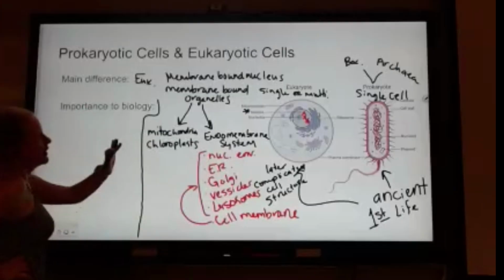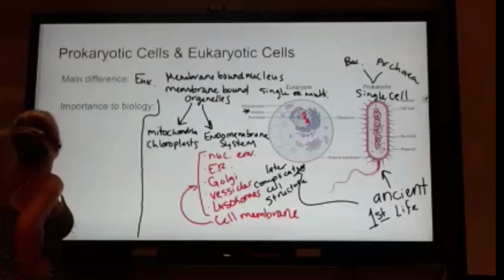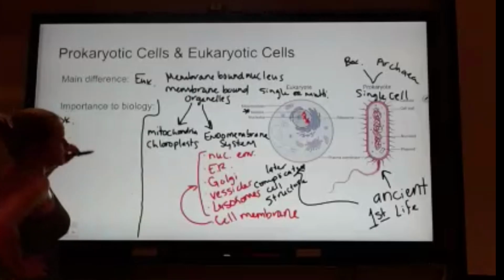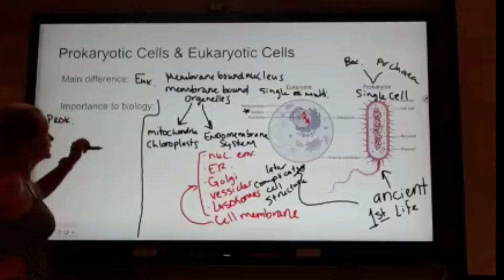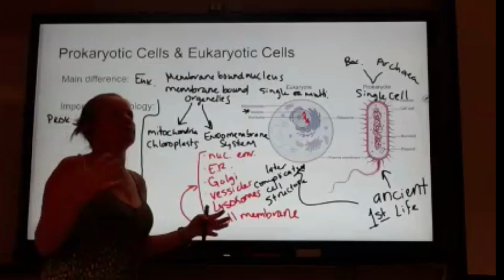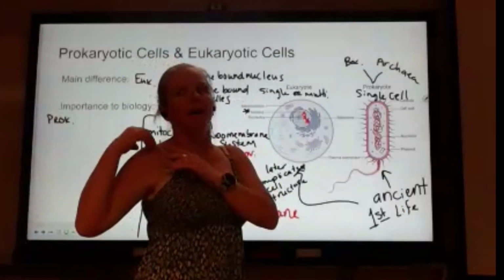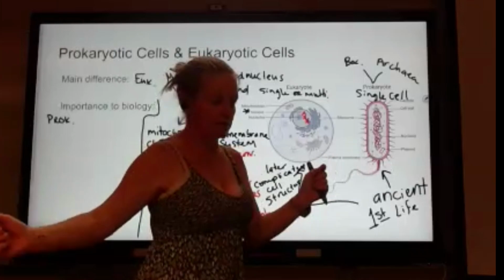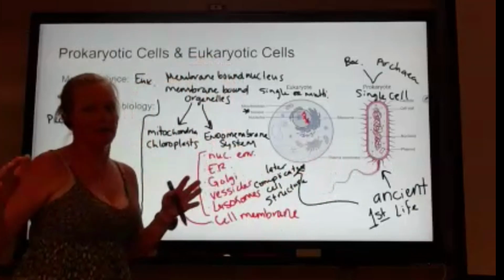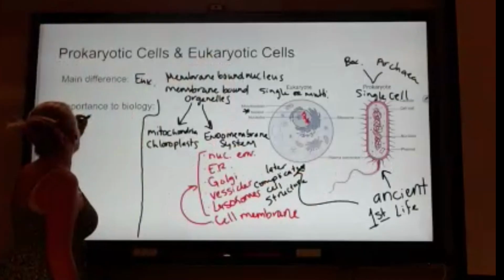all forms of life are either a prokaryotic cell or a eukaryotic cell. Prokaryotes are the vast majority of the cell types. So if we counted up all the cells, there would be more prokaryotes than eukaryotes by many times. I don't want to put a number on it because I'm not sure of the accuracy. So prokaryotes, again, the first forms of life.